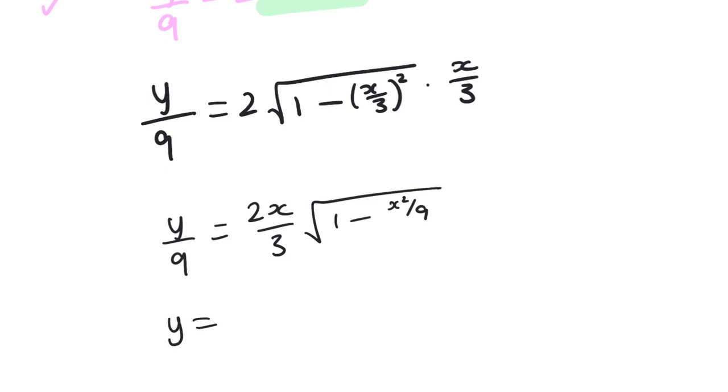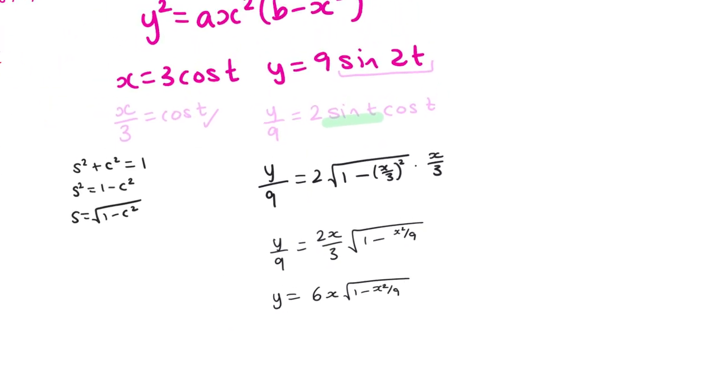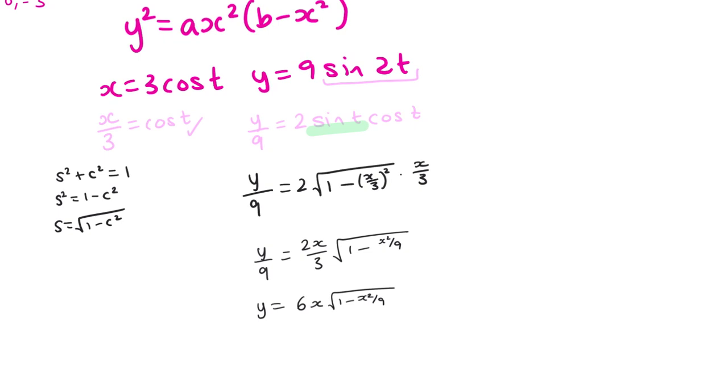So y equals 6x root 1 minus x squared over 9. However, in the question there's a y squared, right? So let's square everything. So if I square absolutely every term, I get y squared equals 36x squared, brackets 1 minus x squared over 9.